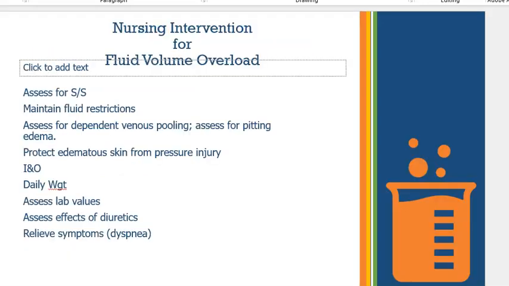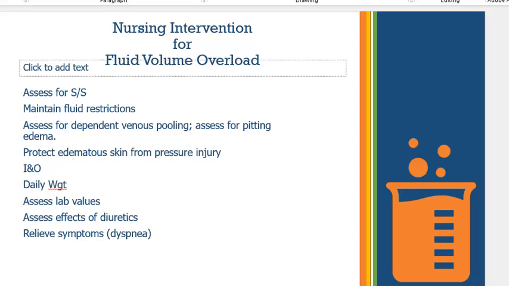Your good nursing interventions: you're going to assess for the signs and symptoms. They will be on fluid restrictions. You want to assess for dependent venous pooling, pitting edema. You're going to protect that edematous skin from pressure injury. There's not real good blood flow going through there.